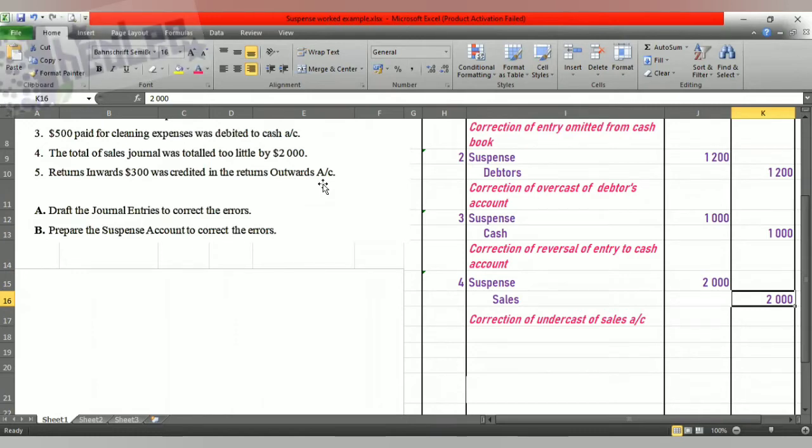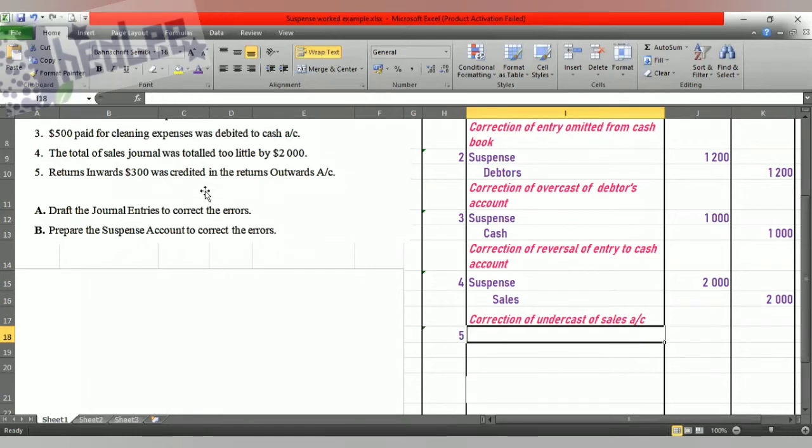So therefore, the entry should have been debited to your returns inwards account. So that ended up credited to the returns outwards account. We need to get rid of this extra 300 that was credited to the returns outwards account. So therefore, we're going to debit to cancel out that entry.